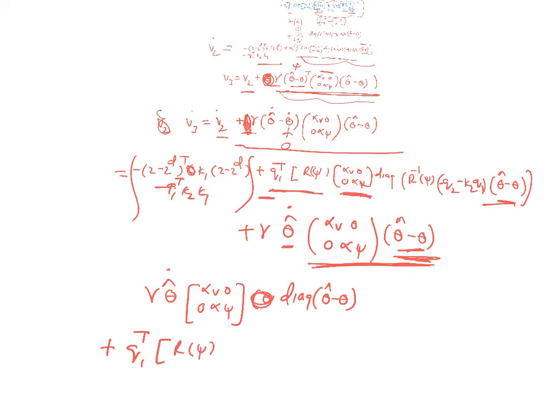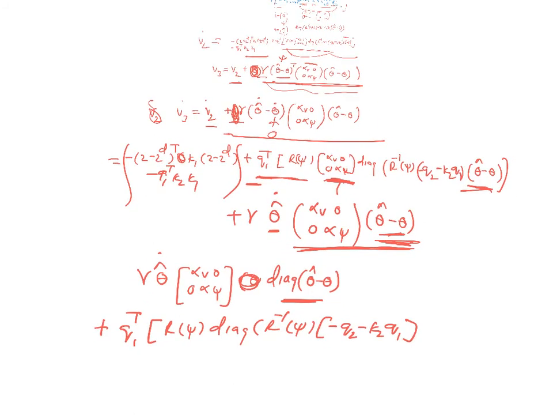This was outside and this is inside, so we can take this, right, this and this common outside. So it is diag r inverse psi and minus of q2 minus of k2 q1, right, and then plus gamma theta dot multiplied by this whole thing, alpha v.